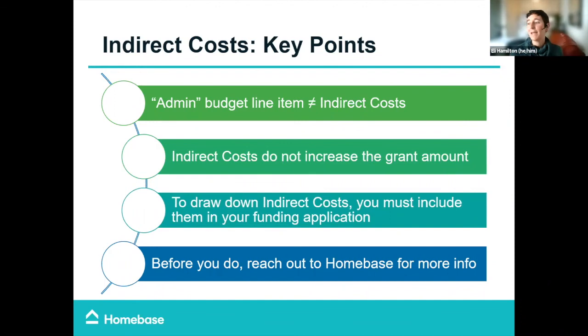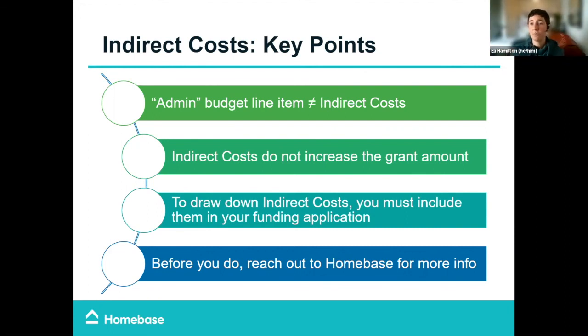And before you do, if you're not already using indirect costs and you think your agency is interested, I would strongly recommend that you reach out to Home Base and definitely look at some of those materials that Nicole posted in the chat. Those will cover cost allocation and also have some information about indirect costs.